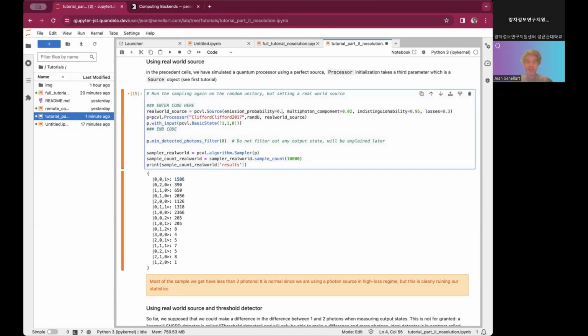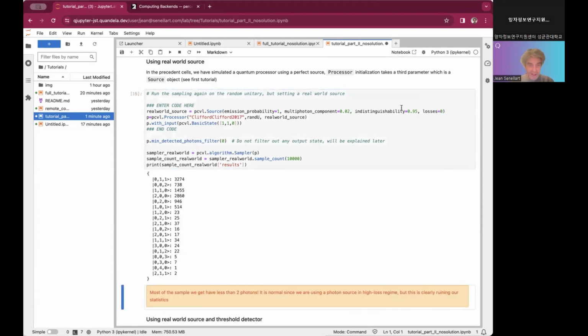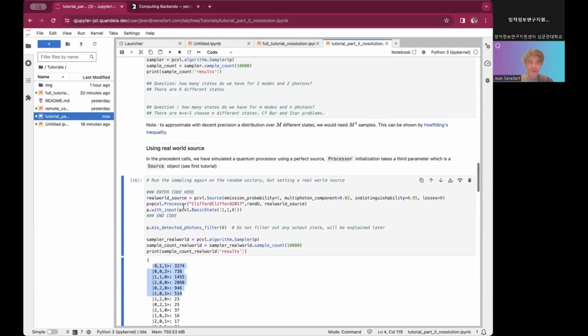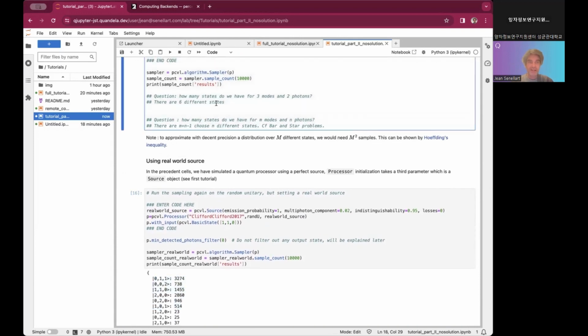If we put a high emission probability of 1 here and 0 loss, then you will see that most of your outputs are the same. The first ones are the same as the ones we get in there.